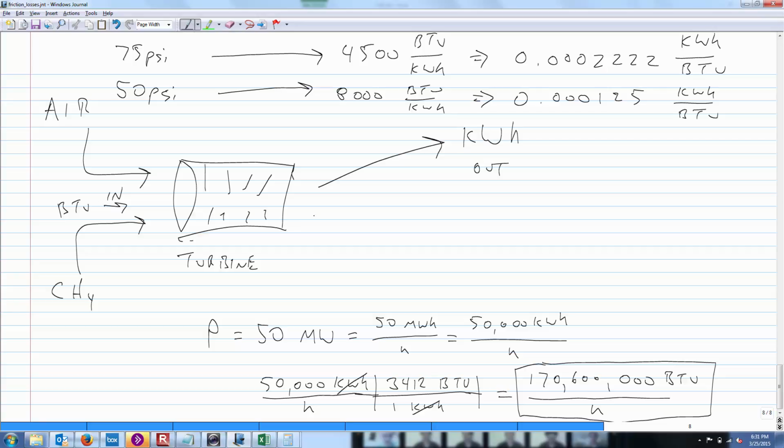Let's just look at it very simply. So power equals energy over time. Time equals energy over power.